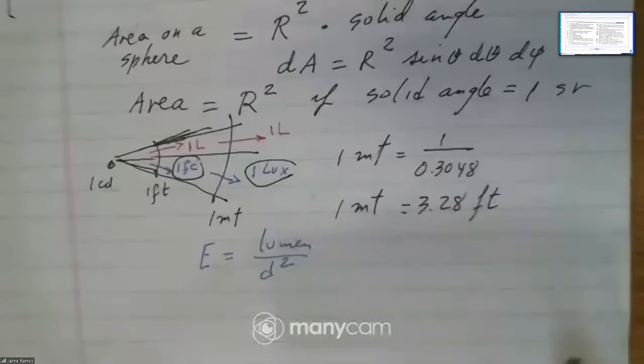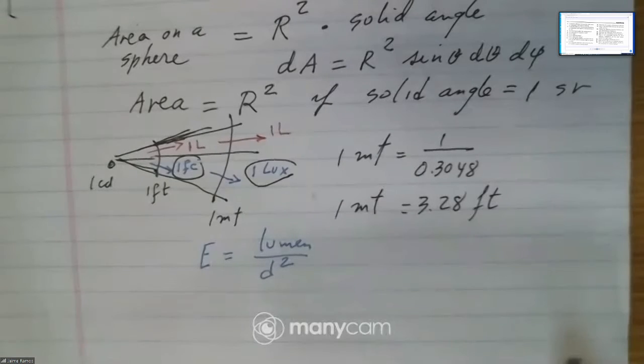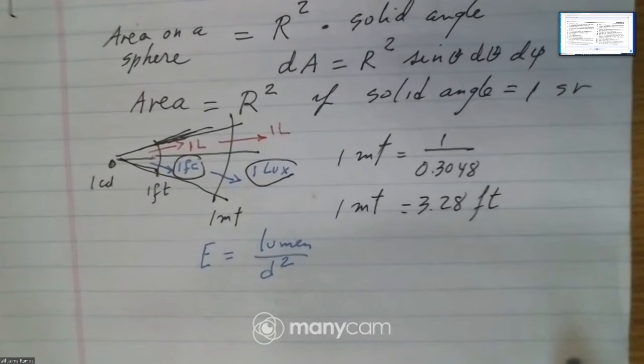If you want to check the flux on your table, then you think about the detector: how much light arrives at the object that you want to illuminate. Okay, does that make sense? Yes.